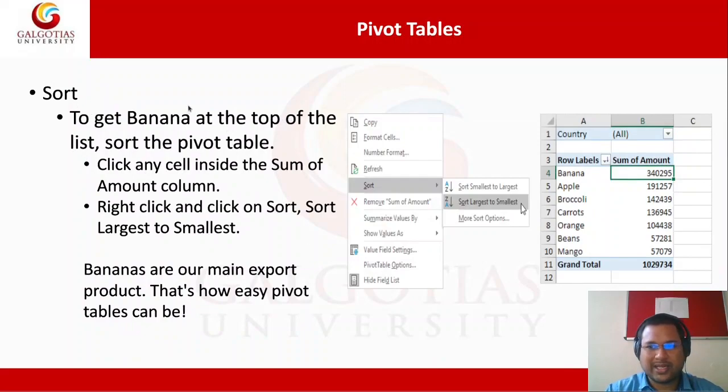So click any cell inside the sum of amount column, right click and click on sort, sort largest to smallest. So you see banana is coming at the top. That's how you get to know banana is the main product that you are exporting. That's how easy a pivot table can be, right?